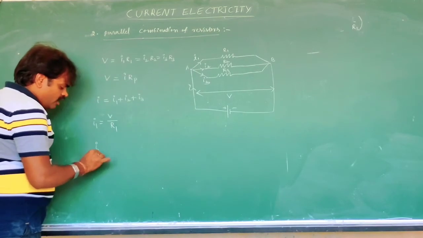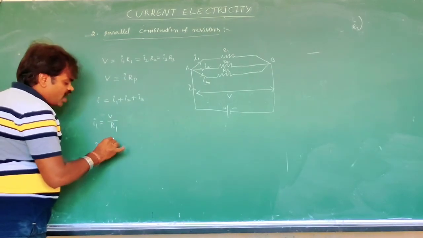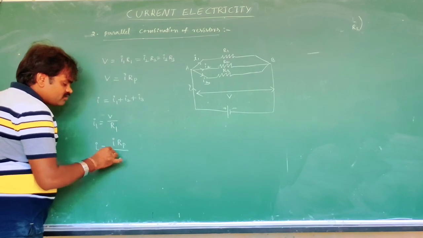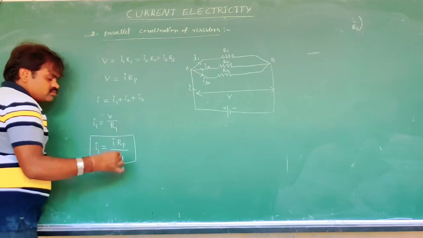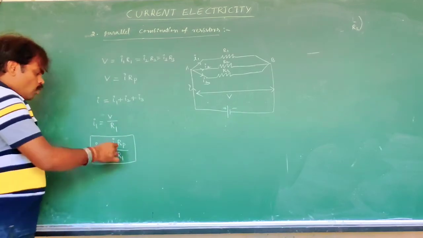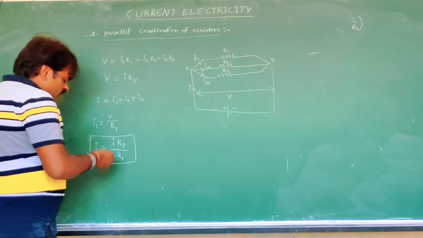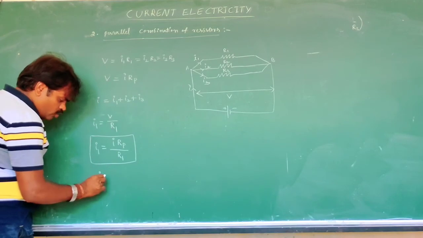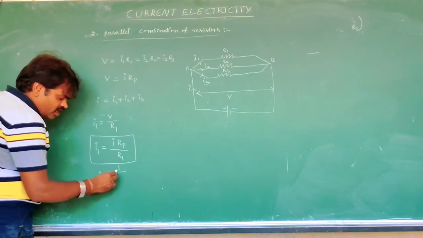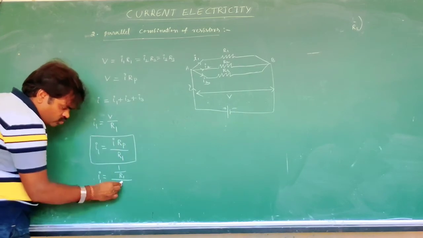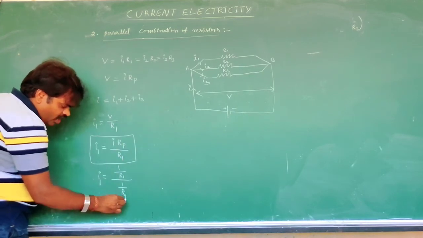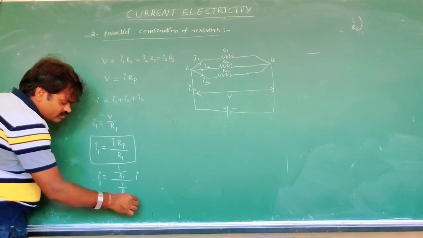That is, I1 is equal to I into Rp by R1. Here, what is the Rp? Then we can write I1 is equal to 1 by R1 divided by 1 by Rp, into I.